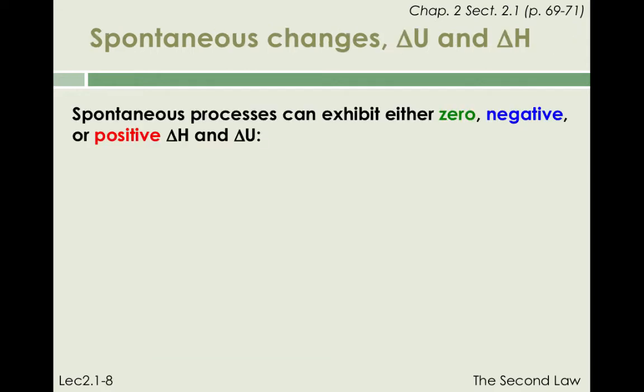On the preceding slide, we saw examples of spontaneous processes for which changes in energy and enthalpy were zero, negative, or positive. The energy and enthalpy remain constant during the isothermal expansion of an ideal gas and during the mixing of ideal gases.